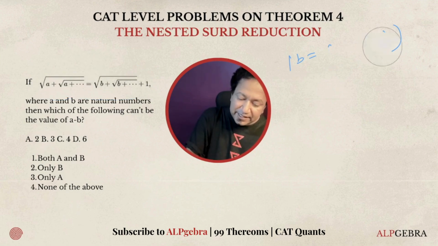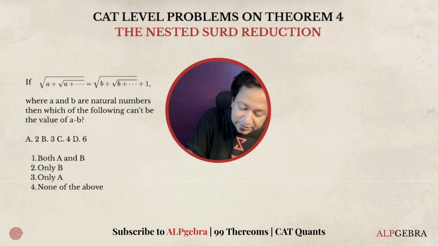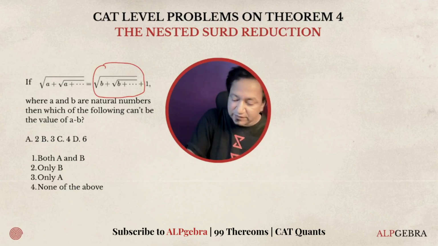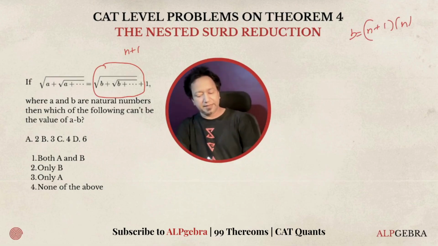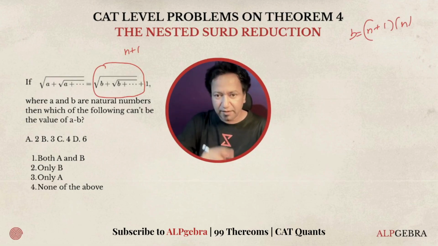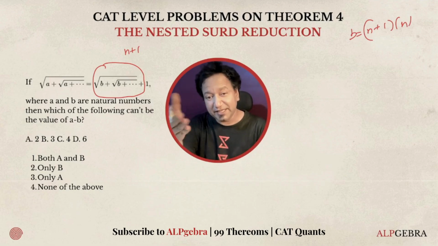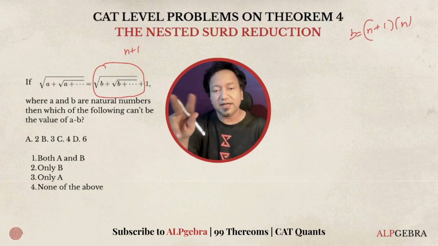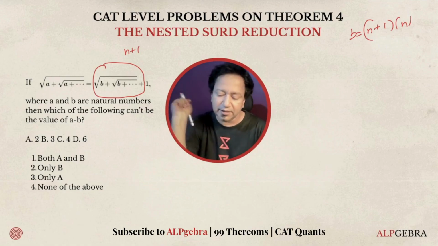Now, if that's the case, that means this value itself becomes n plus 1, because I have assumed that B is equal to n plus 1 multiplied by n. So now you must have understood that I'm assuming that B is actually a number whose factors are consecutive natural numbers.